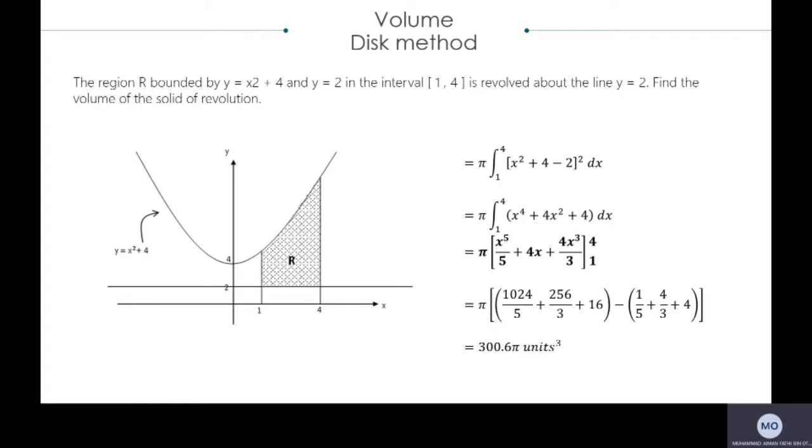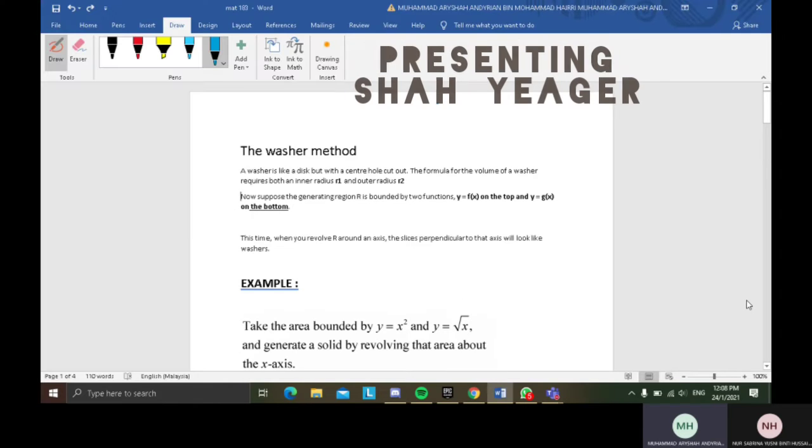Find the volume of the solid of revolution. First, insert x to the power of 2 plus 4 minus 2 into the formula. After that, integrate them. Substitute x with 4 and 1 and we get the answer.